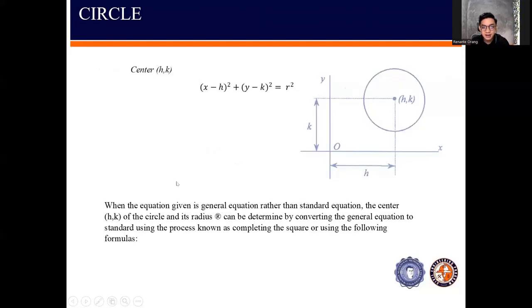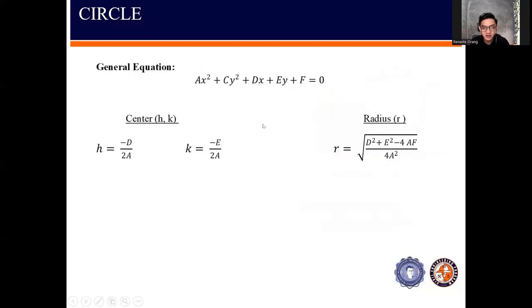Again, when what is given is the general equation, and you need to know the center, we need to convert it into the standard equation, which is this one. So how do we convert? Our general equation is ax squared plus cy squared plus dx plus ey plus f is equivalent to 0.